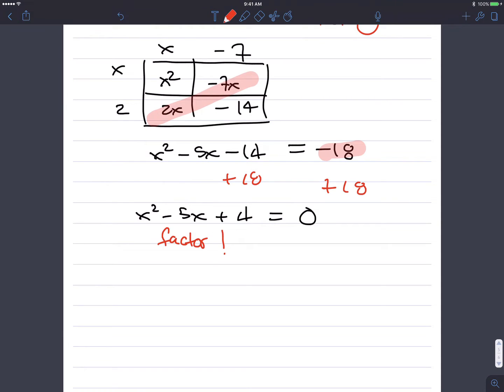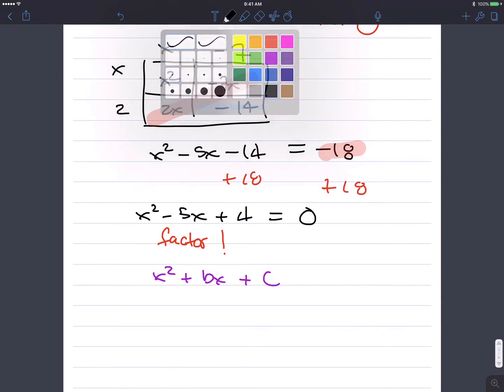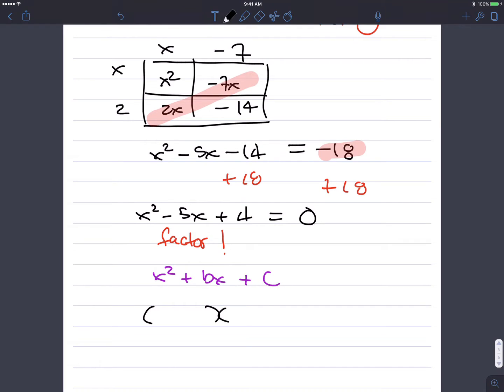Okay, now what recipe? Chicken soup or beef stew? Chicken soup. Okay, good. What do you guys get? x, x. What are the numbers here? Negative 4, negative 1. Good. Look at that. That's what it is.